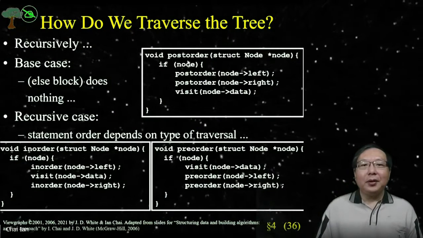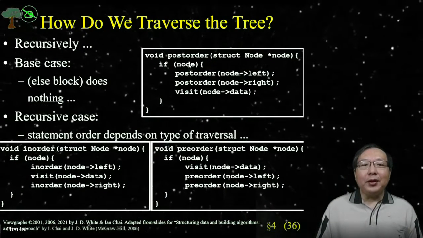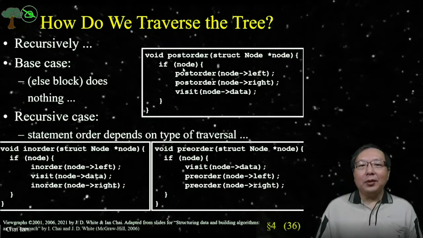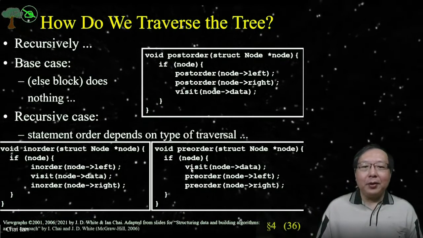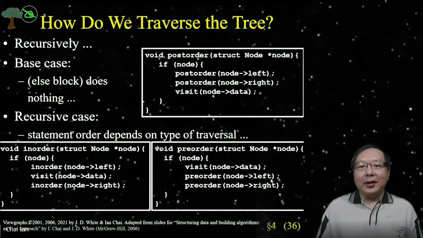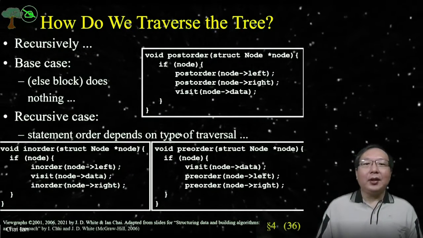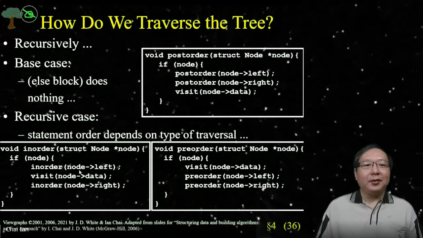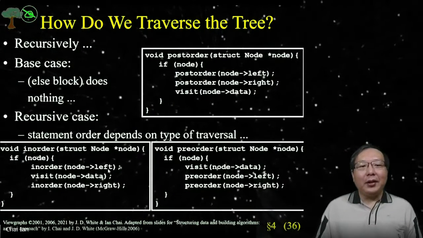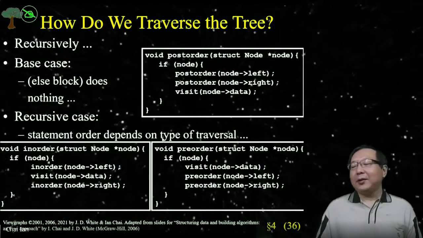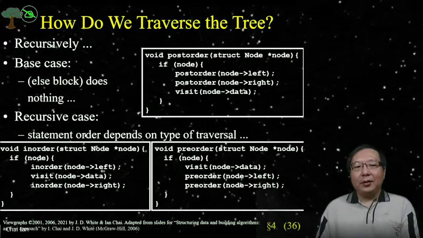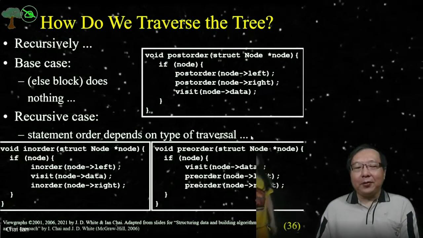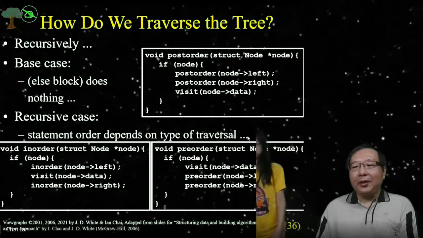But if the node has something, then in the case of pre-order, we do myself, the left child, and the right child. In the case of post-order, we do left child, right child, myself. In the case of in-order, I do left child, myself, right child. So the statement order depends on the type of traversal. Otherwise, everything is the same.